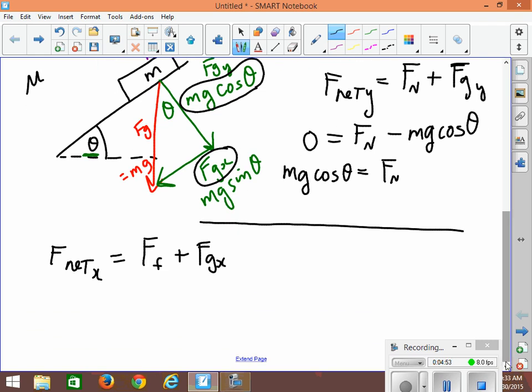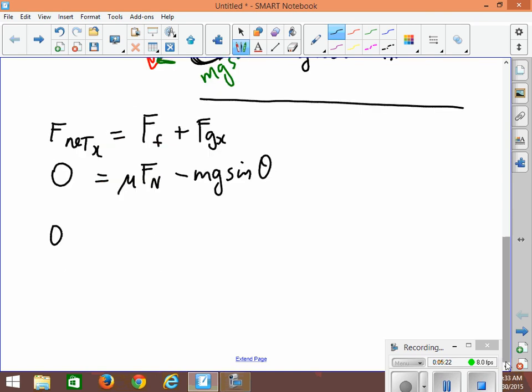Just like in the previous video, the point where it just begins to slide is the point where the net force in the x direction is also 0. The friction is mu Fn, and again we have the Fgx component right here, mg sine theta, and it's a left arrow, so I'll tell the math that it's left with a negative sign, and I'll write mg sine theta, and of course we can then fill in what we have for the mu.